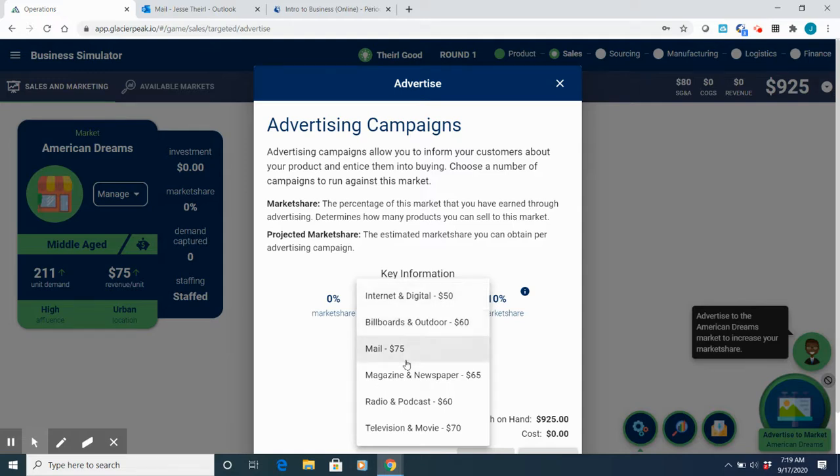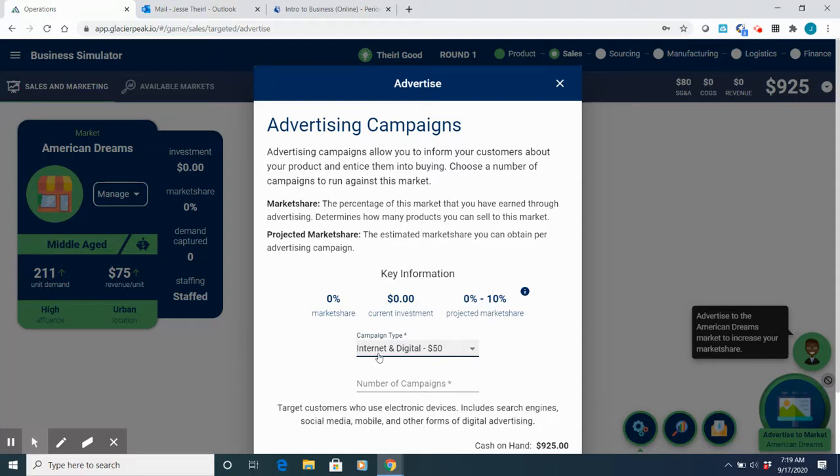It's not to say that they don't see these things as they're going, whether they're driving along, listening to a podcast, see a billboard, mail gets sent to their home, things like that. But for today, I am going to select internet and digital. So probably what you're most used to.